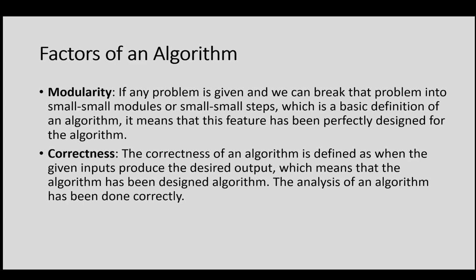For example, to add two numbers, in the algorithm what you write is subtract A and B. The algorithm has written subtract by mistake, so that particular person will write A minus B instead of A plus B, which will be an error, right? The input we have given is correct, but the expected or desired output is not being produced. That is why the algorithm is not correct.